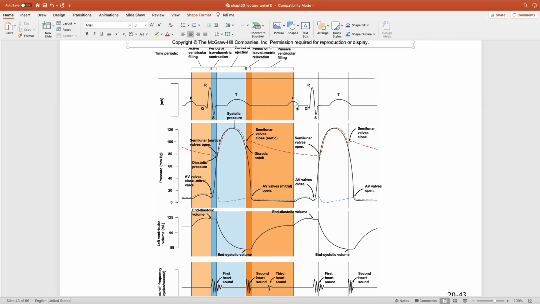But when you're working out, that passive filling time is completely shortened. At that point, we are dependent on atrial contraction and active filling. That's the time when we need that active filling. Perfect.